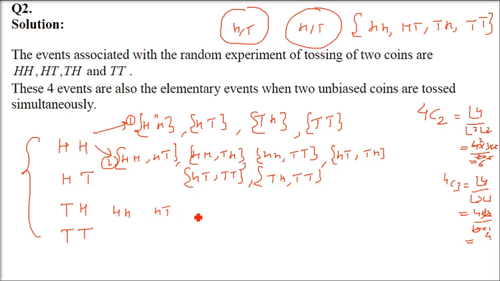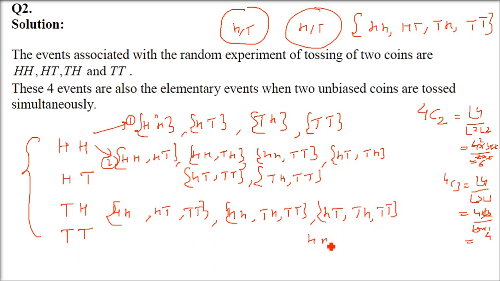HH, HT, TT, then HH, TH and TT, then we have HT, TH, TT, then HH, HT and TH. So 4 of them we have to make because 4C3 is 4.